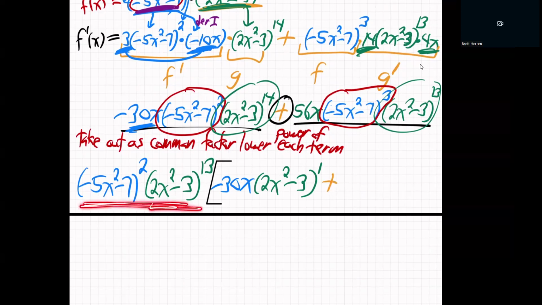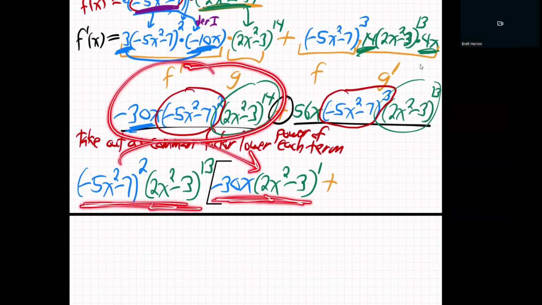If I took all of this and multiplied to all of that, do you see I would go right back to that? Do you see that's true? Because I've got the blue term to the second power, and that's right there. I got the green term to the 13th, and then one more is 14. And I get the minus 30x right there.